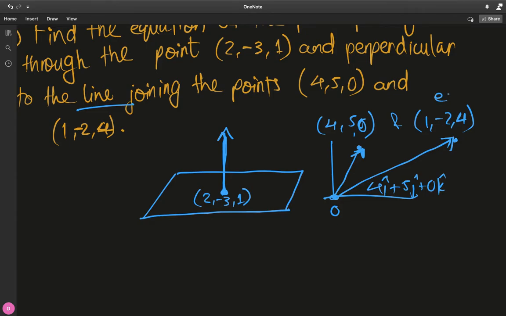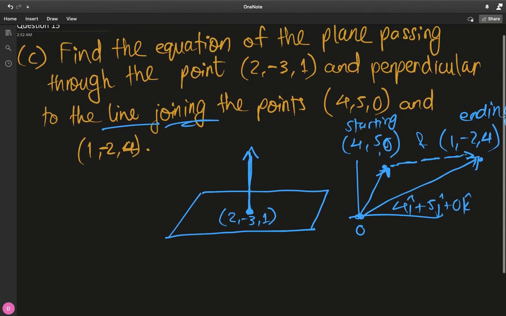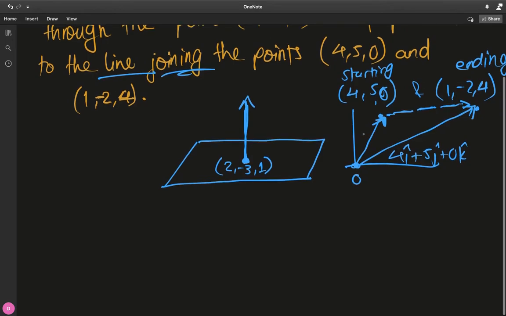So the ending vector minus the starting vector gives the vector that actually joins them, which you can also interpret as a line joining the points. So instead of finding the equation of the line, let's find the vector. Call that A, the required vector.